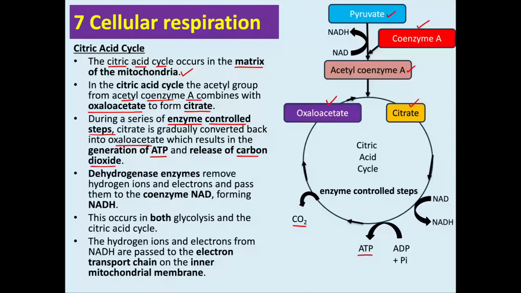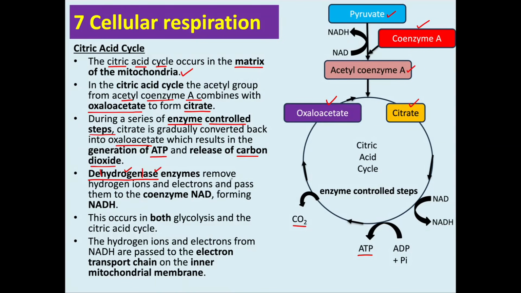Now, in addition to that, there is a set of enzymes called dehydrogenase enzymes. If we break down that word, dehydrogenase enzymes, we know it's -ase, which makes it an enzyme, and it works with hydrogen. It has a role in removing hydrogen.